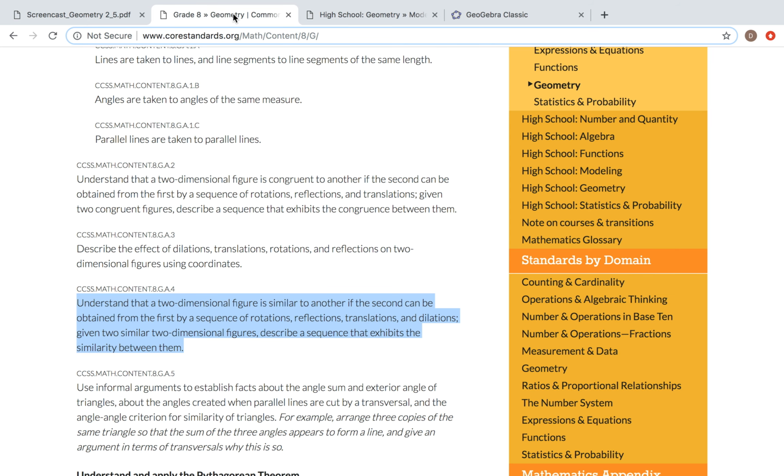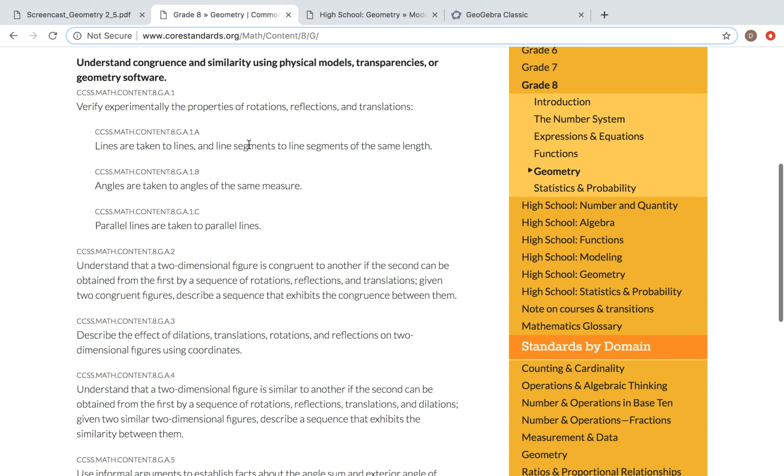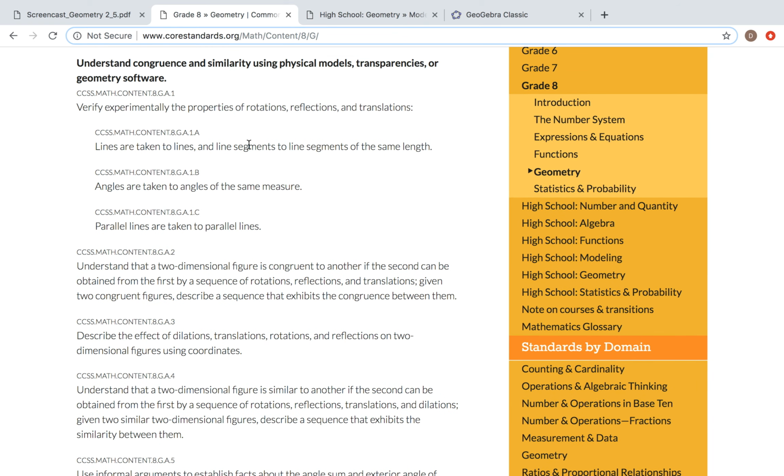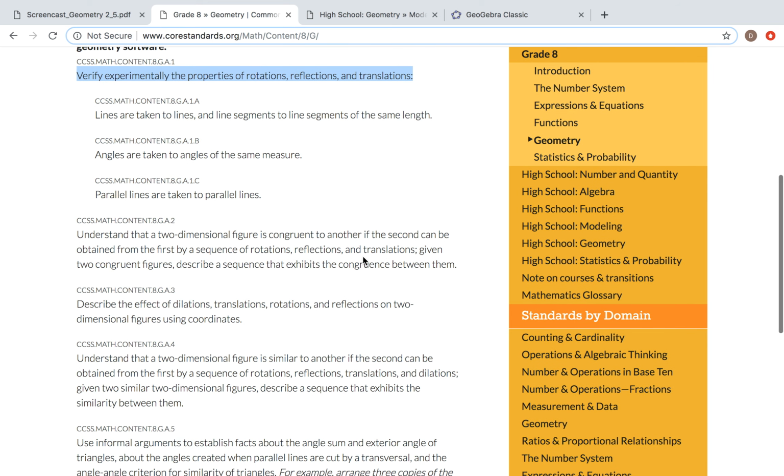This investigation follows pretty closely with some 8th grade Common Core standards. As we can see here, the first one, verify experimentally the properties of rotations, reflections, and translations.